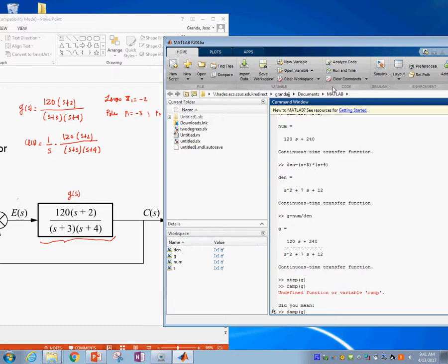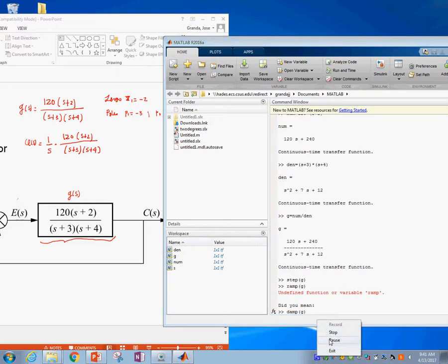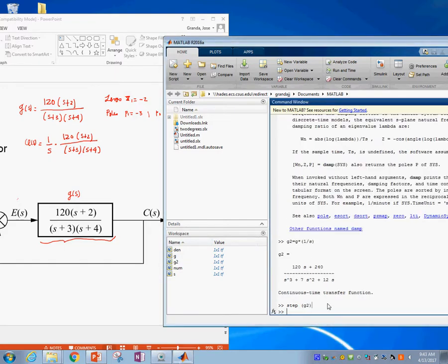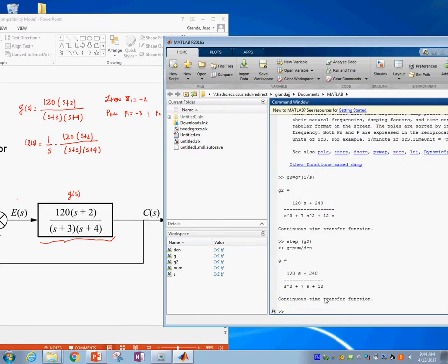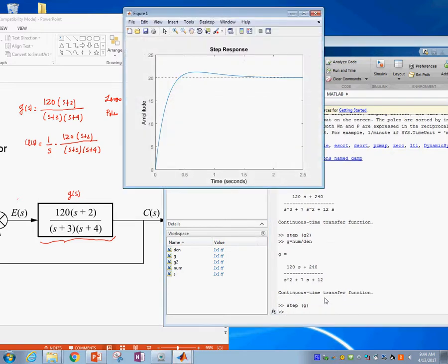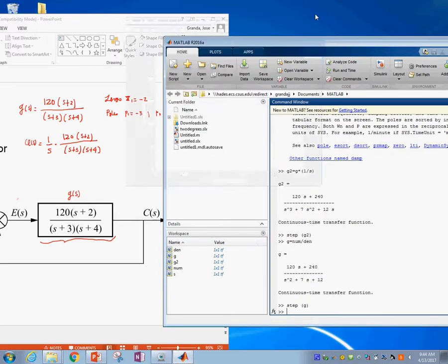So right now what we have is the definition of G. It was the numerator, and then we want to test this with the step. And of course, here's what we have. But if we want to test it with a ramp, we have to multiply by 1 over s, and then it's 1 over s squared, really.